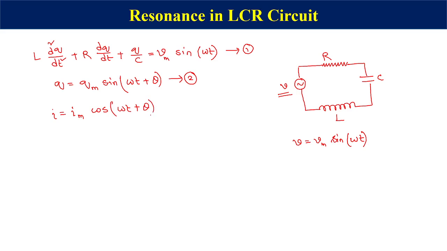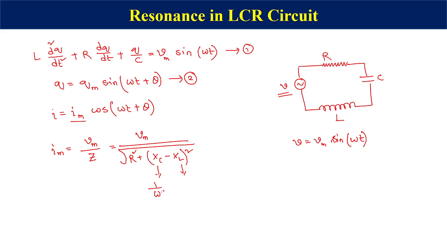But what interests us is this Im, the maximum value of the current, which is given by Im equal to Vm upon the impedance Z, where the impedance is the square root of R square plus Xc minus XL whole square. Xc is the capacitive reactance and XL is the inductive reactance. In short, we write Xc as 1 by omega C, and XL as omega L.